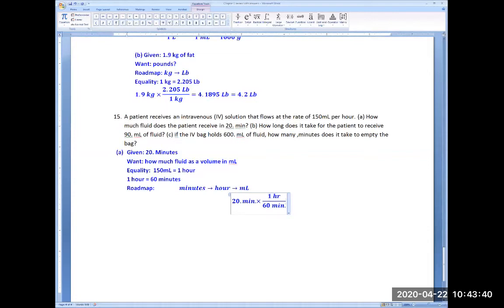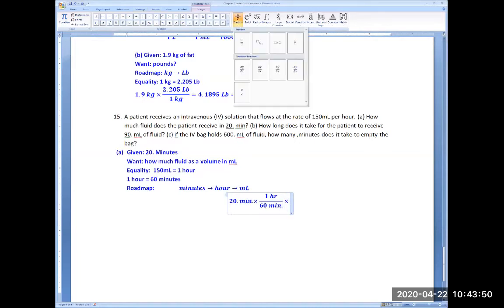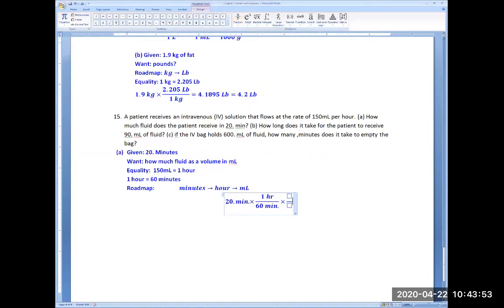Right, because they go together. 1 hour equals 60 minutes. And this way the minutes cancel. I cannot show that on the computer here, but imagine that you draw a line through minutes and 20 minutes, just the minutes, and minutes in the denominator. So we have hours. If we calculated the answer now, we would have a number of hours.